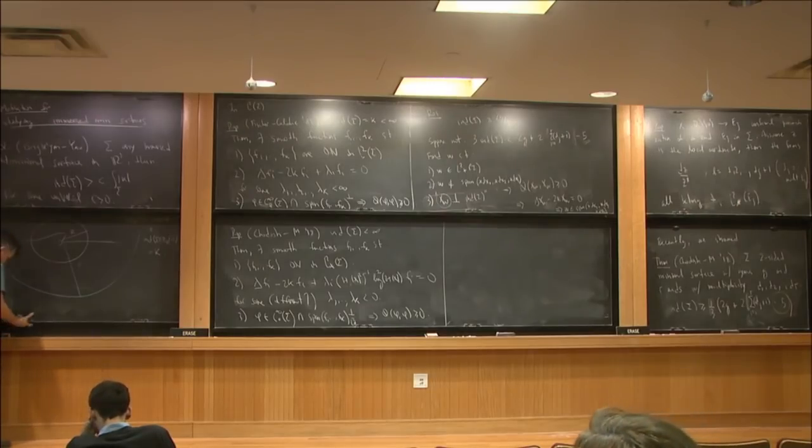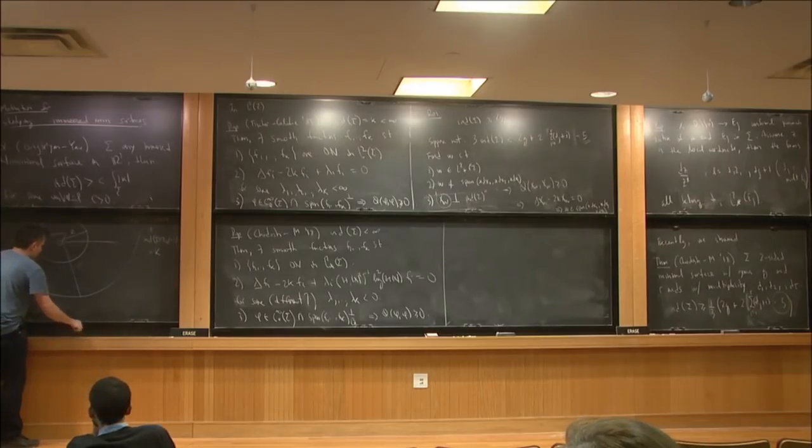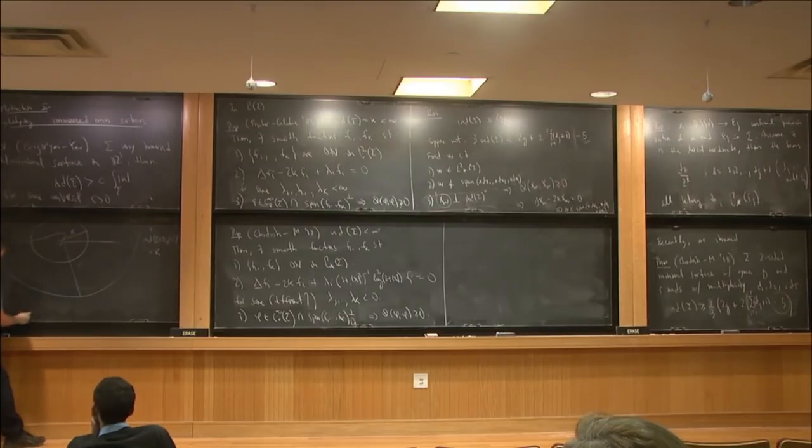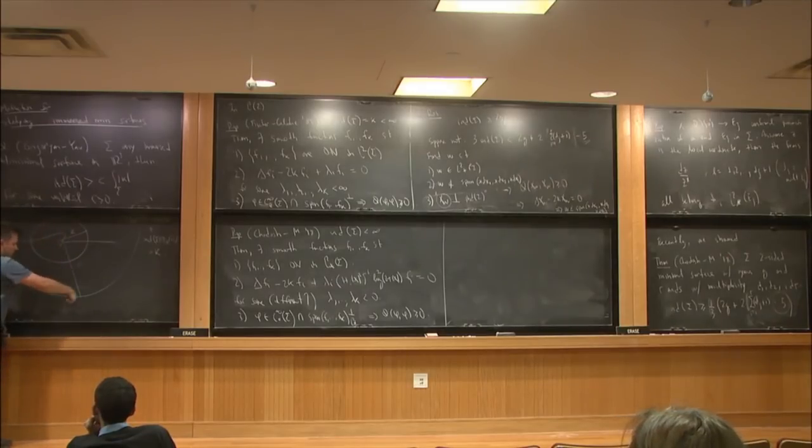Now let me take then a larger ball rho. Okay, so if I look at the quadratic form Q in this ball of radius rho, right? I have actually two norms there. I have the L2 norm and I have the L2 star norm.